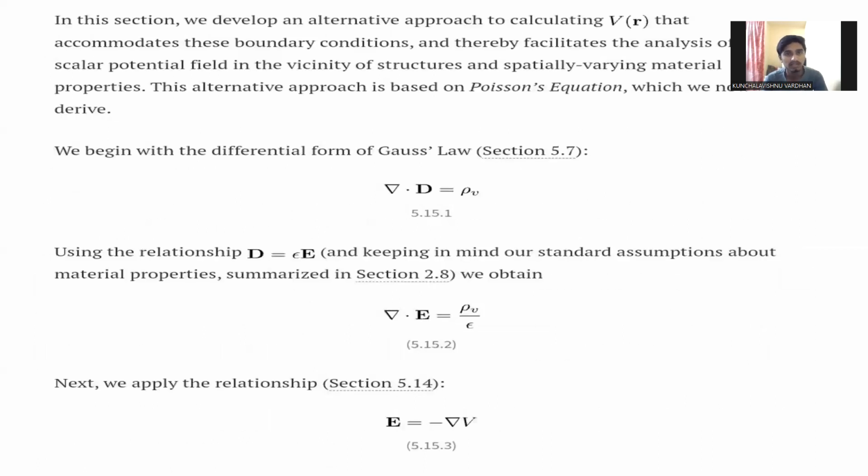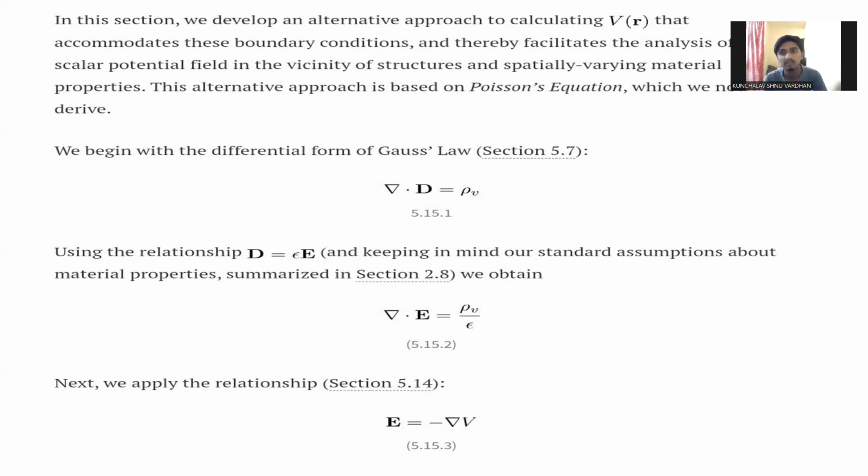So, in this section, we develop an alternative approach to calculating V of R that accommodates these boundary conditions and thereby facilitates the analysis of the scalar potential field in the vicinity of structures and spatially varying material properties. This alternative approach is based on Poisson's equation, which we now derive.